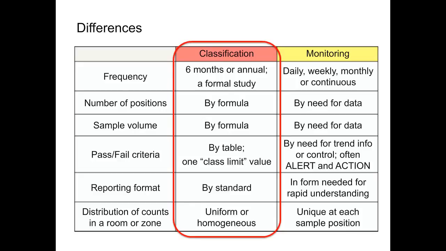One of the important things to realize in this so-called philosophical distinction between classification and monitoring is the assumption in classification that the room or zone is reasonably consistent in terms of particle concentration, that it's reasonably homogeneous. Anywhere you go, you get more or less the same reading, not exactly by any means, but reasonably close anywhere you go. So it's assuming somewhat uniform distribution.